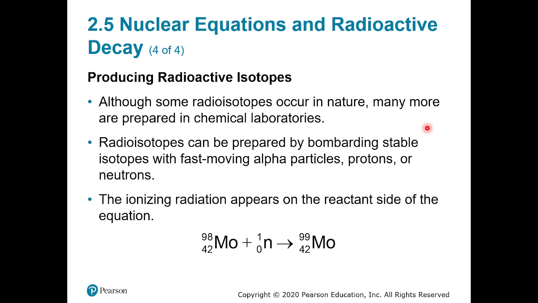Now, when we produce a radioactive isotope, typically what we're going to do is we're going to take a source of neutrons. We're going to shoot neutrons at an isotope that we want to change. So, for example, we take some Mo, molybdenum, and we shoot neutrons at it. And what ends up happening is we actually end up having one of the neutrons stick.